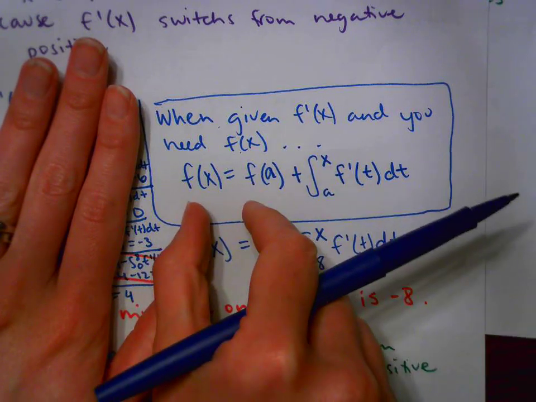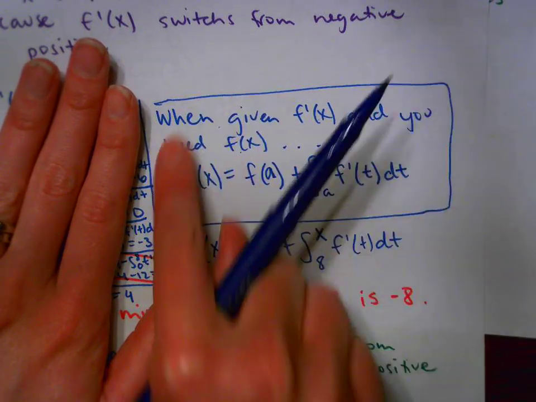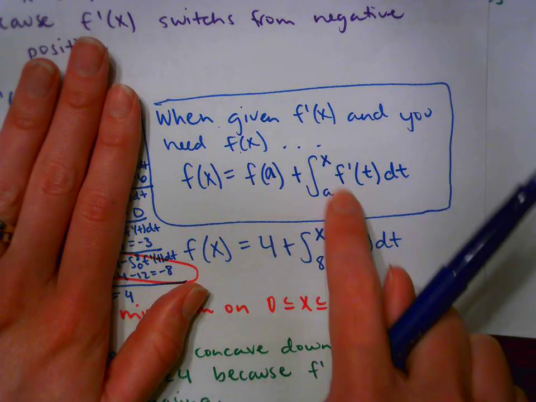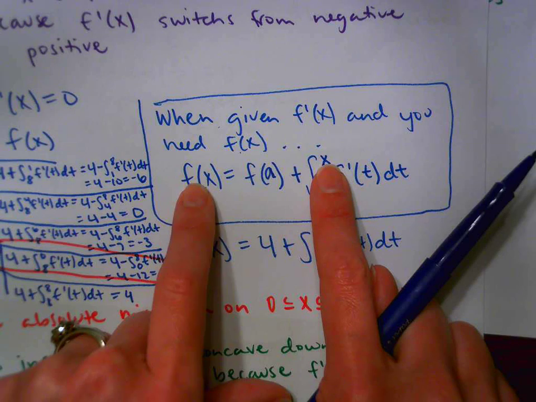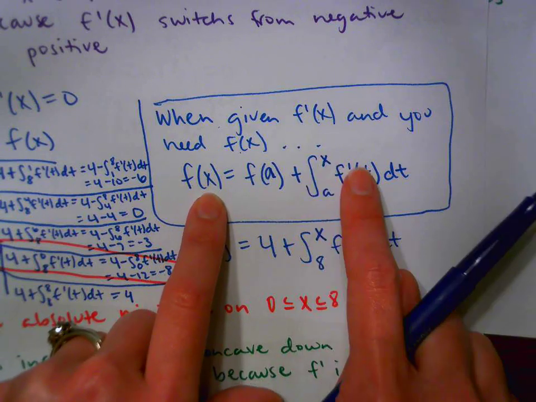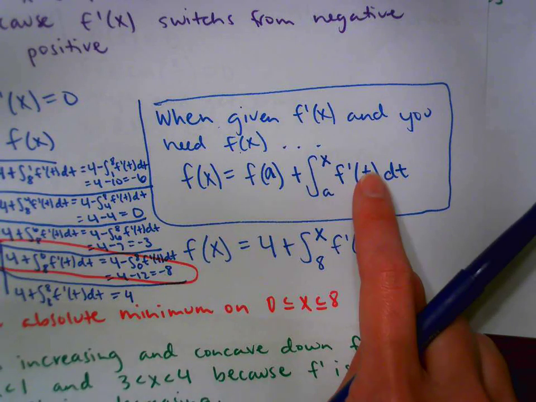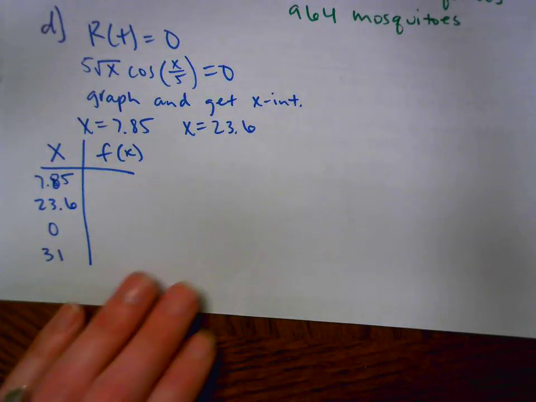This is your format. If they ever give you f prime but you need to write down f of x, you need to memorize this. f of x equals the initial amount plus the integral from the x value that goes with that initial amount, of f prime of t. We're going to use that setup.